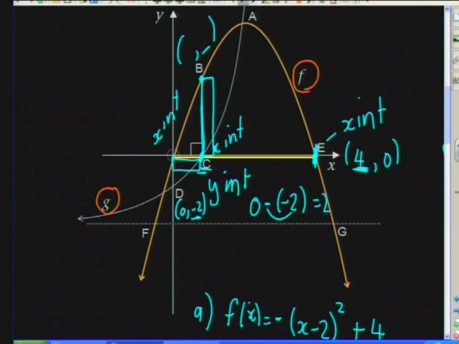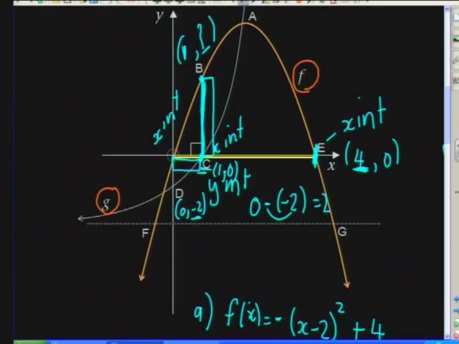We know that they're on the same vertical, so the coordinates at C, (1, 0), imply that the x-coordinate at point B is 1, and I need to find the y value.